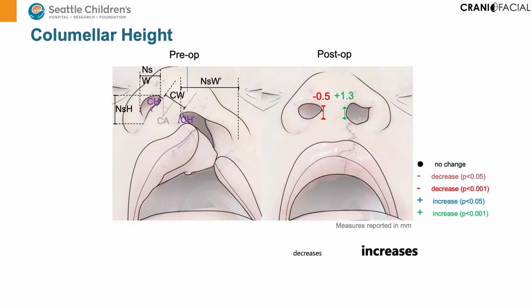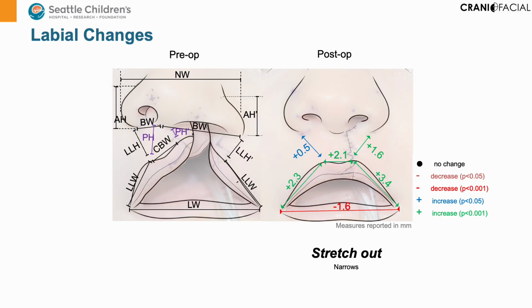In terms of the columella, it stands up on the cleft side while it sits back down on the non-cleft side. As for the lip, everything gets stretched out and becomes greater in its dimension, but with that stretch, we're dragging the commissures together and creating a little bit of microstomia.